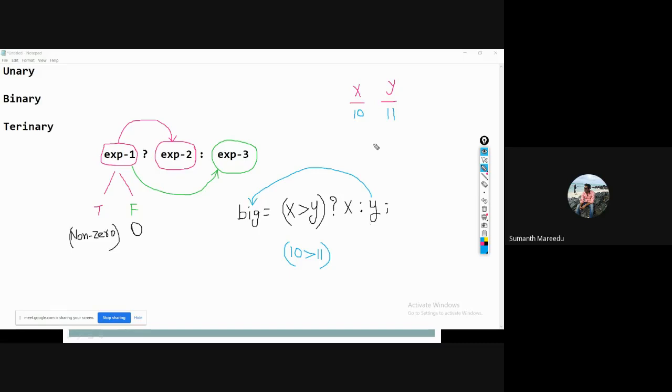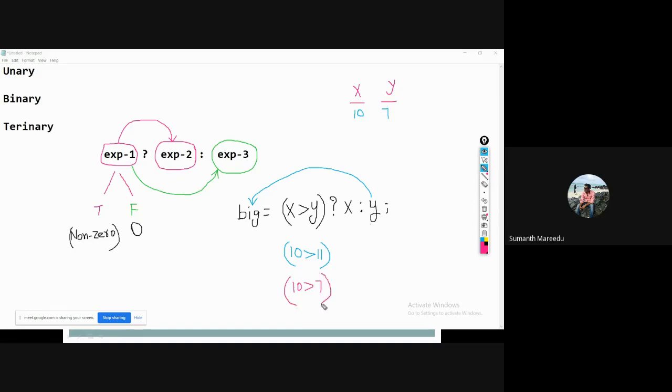Suppose your values are 10 and 7. In that case, it verifies 10 greater than 7.